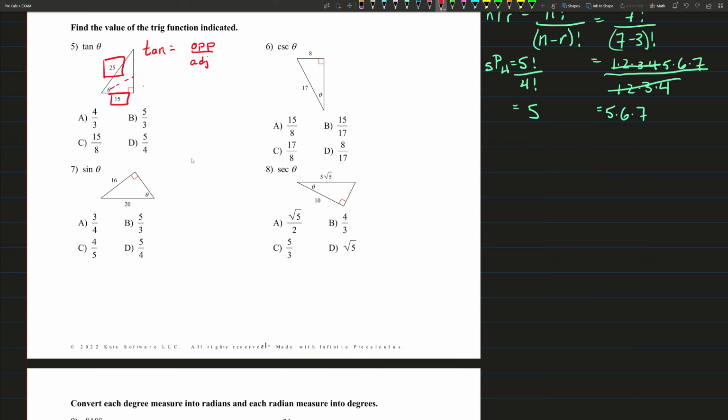In order to find the opposite, we would do 25 squared is equal to 15 squared plus the opposite squared. 25 squared is 625. 15 squared is 225.